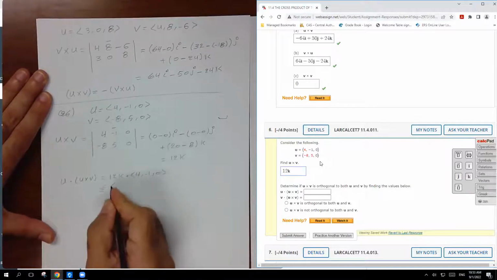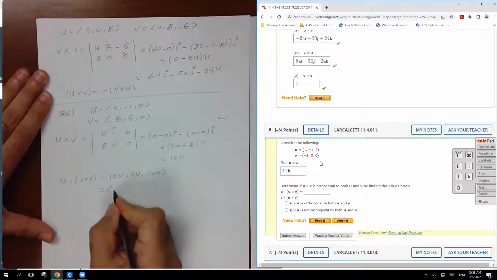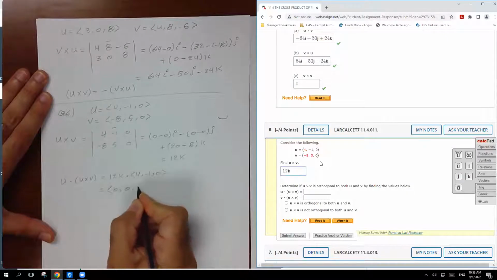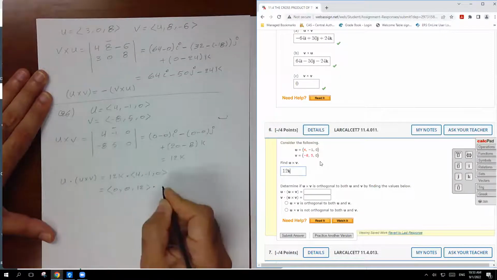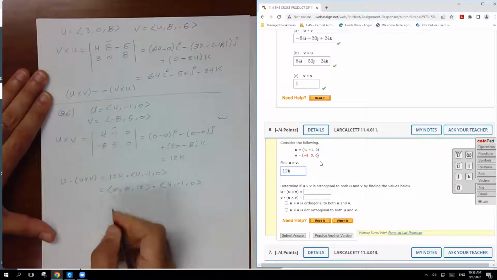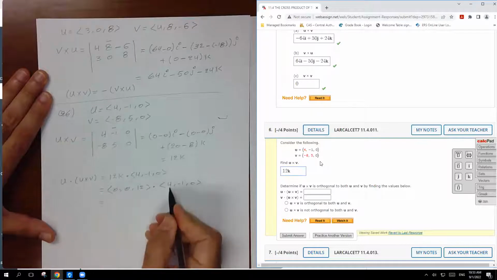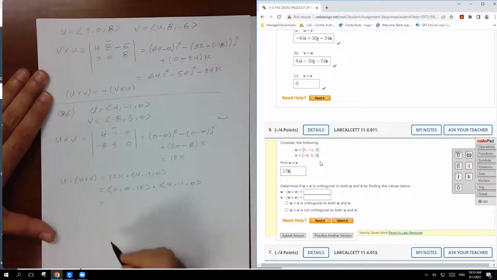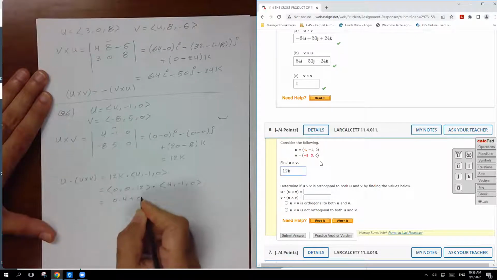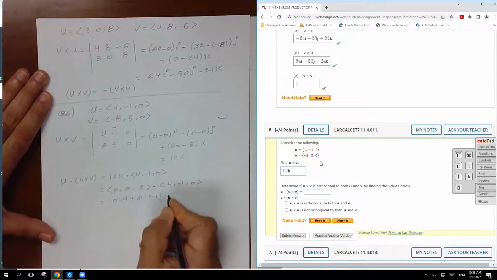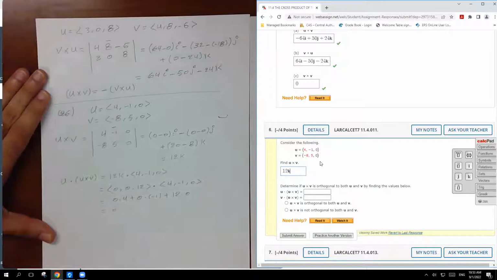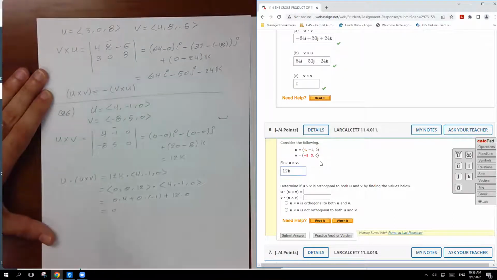Be careful here. The cross product as a vector is 0, 0, 12k, and here is 4, negative 1, 0. So it's going to be 0 times 4 plus 0 times negative 1 plus 12 times 0, and the result is going to be 0. So this is just another proof.